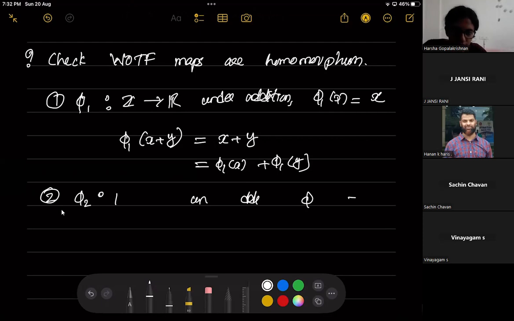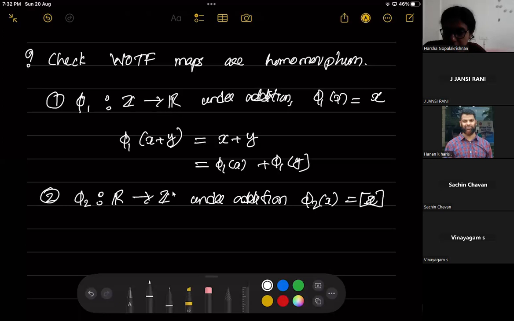So the map phi 2 is defined from the set of all real numbers to the set of all integers under addition. Again, both the operations are addition here. And phi 2 of x equal to greatest integer x.